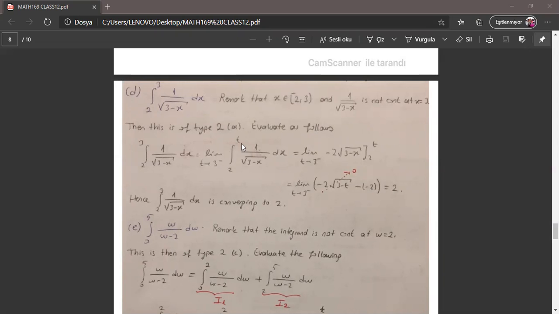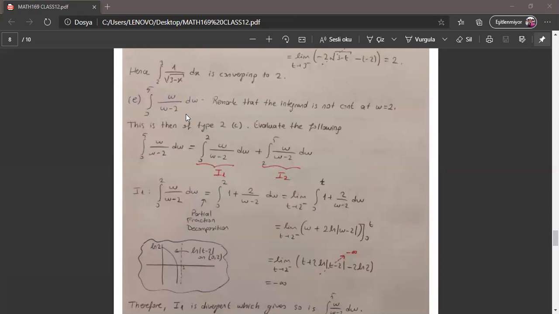We compute this integral and get this. When we put t equals 3 and get 0 there, we get 2 as the limit. It's not infinity or minus infinity, so it is convergent. It means this integral is convergent to 2.